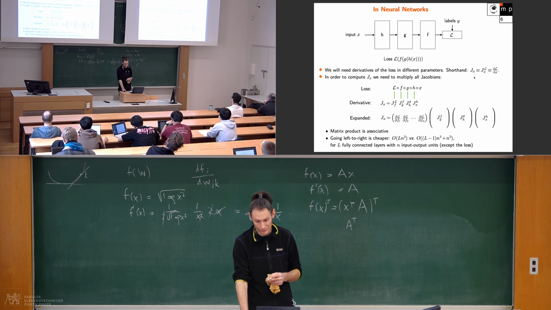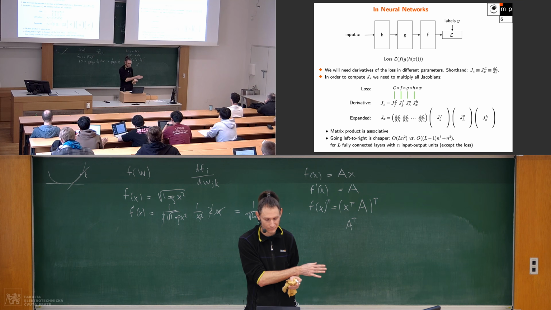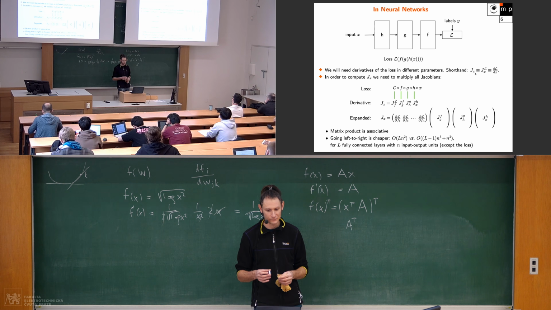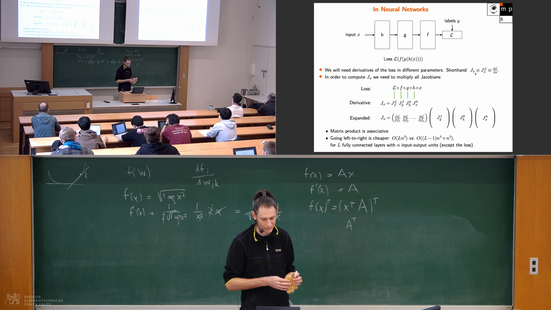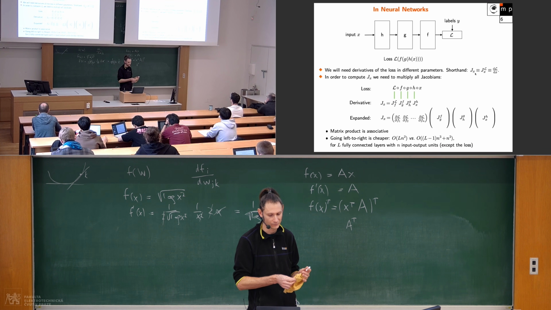There is one more shorthand notation: often we are interested in the derivative of the loss function with respect to particular inputs. So I will abbreviate this as just J sub x. This will be the derivative of the loss function with respect to the particular intermediate or input variable x.